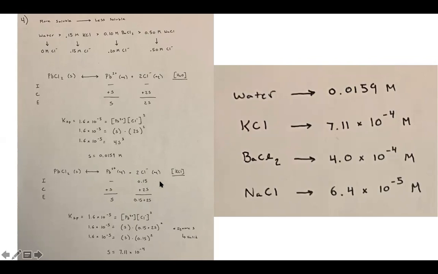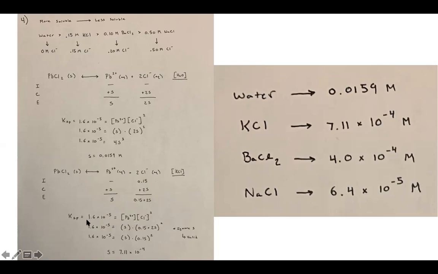From here, the rest is pretty similar. We're going to put our change in terms of S, so plus S for lead, plus 2S for chlorine, and then we're going to add our initial and change sections to find our equilibrium amounts of both ions. Once we know our equilibrium amounts, we're going to set it equal to our Ksp. So our Ksp is still 1.6 times 10 to the negative 5th, which is still equal to the concentration of lead times the concentration of chlorine squared.